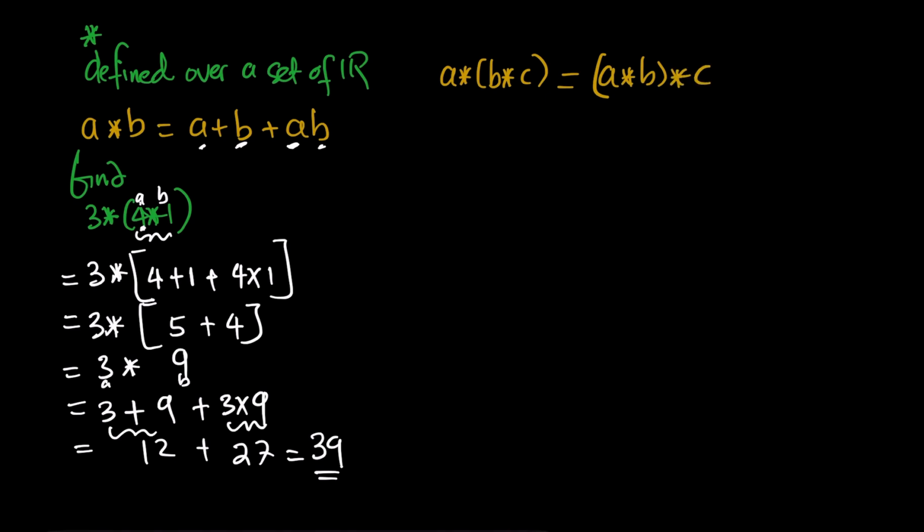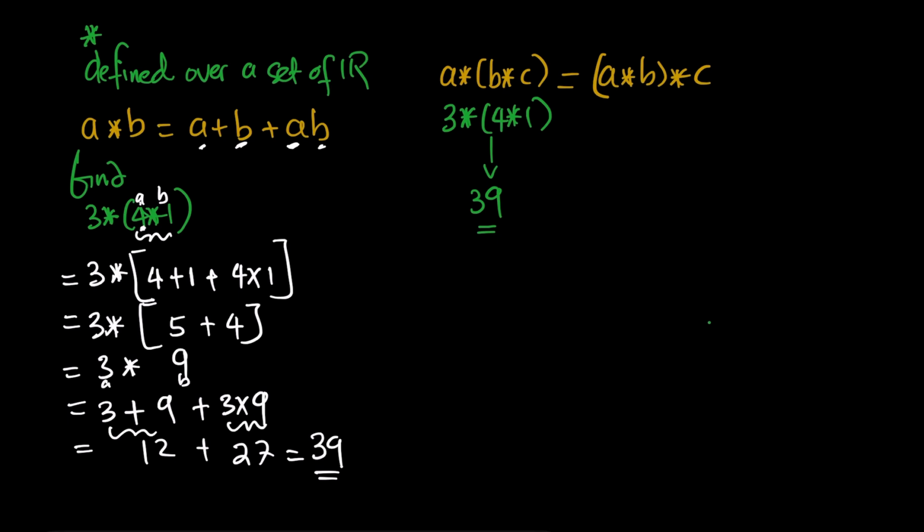Now, the question we've been given so far, we were able to solve 3 star 4 star 1, and we got 39 as our answer. So for us to confirm whether this operation star is associative, the left-hand side, which is the 39 that we have, should be equal to the right-hand side as a 39.